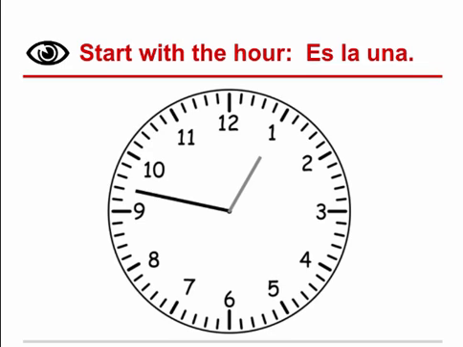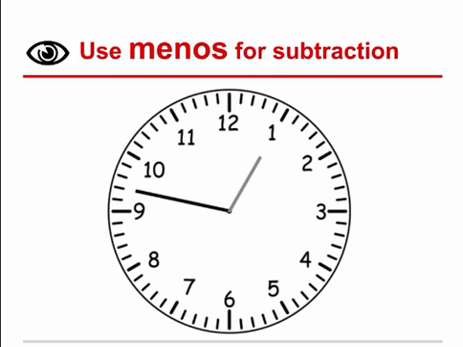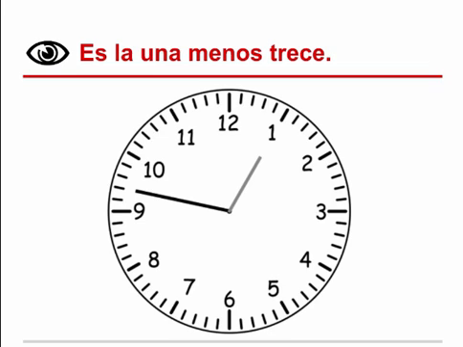Start with the hour. Es la 1. Subtract the minutes. There are 13 minutes until we get to 1 o'clock, so we use 13. Use menos for subtraction. Es la 1 menos 13.